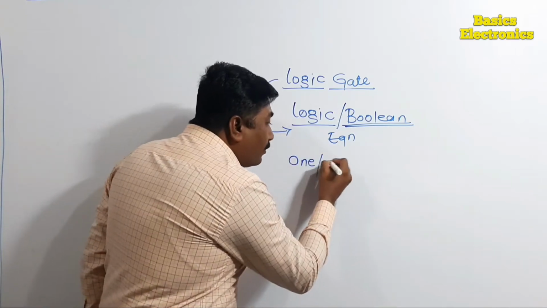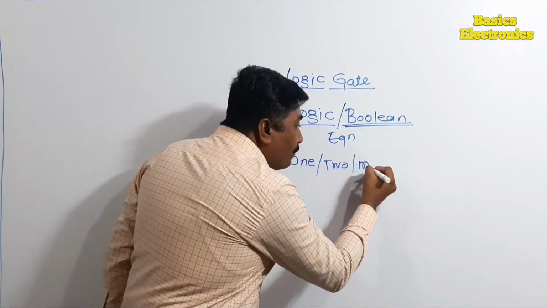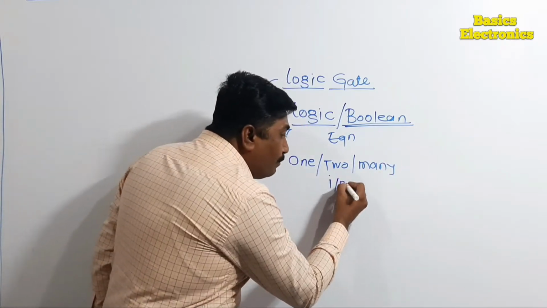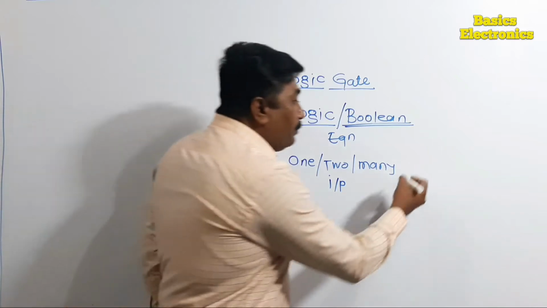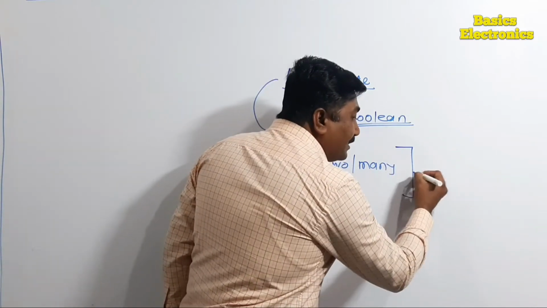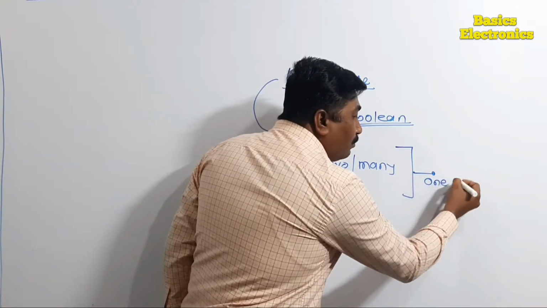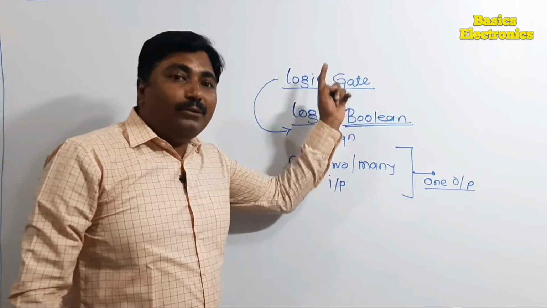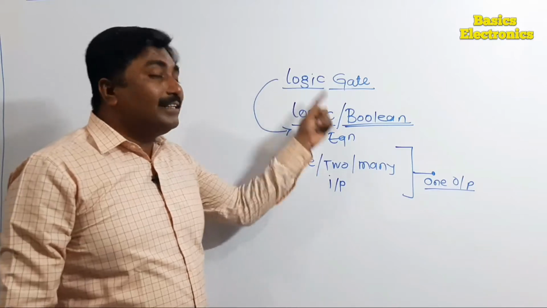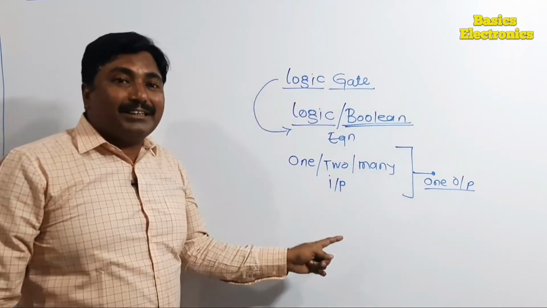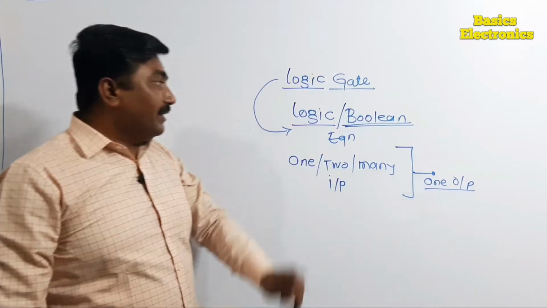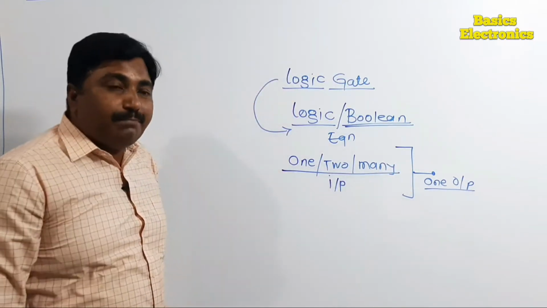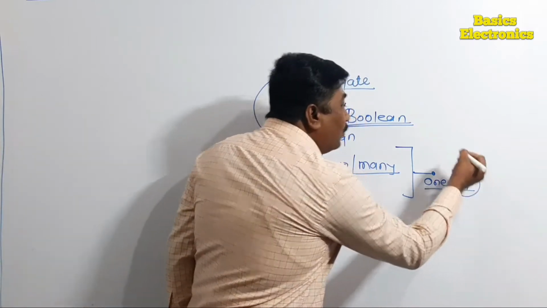A logic gate has one or two or many inputs and only one output. The output is only one output. So here we have a logic gate, an electronic circuit having one or two or many inputs but only one output.